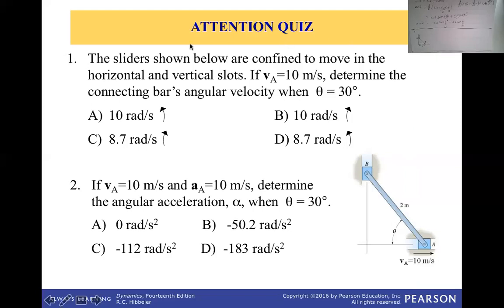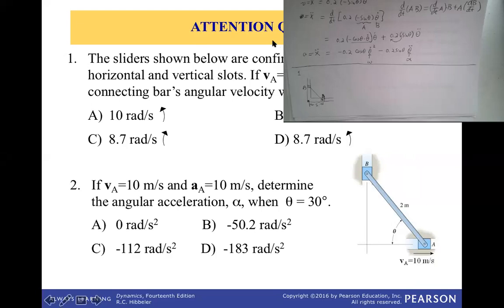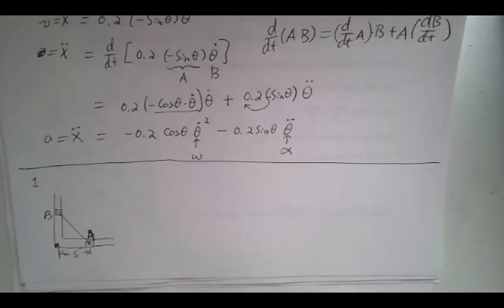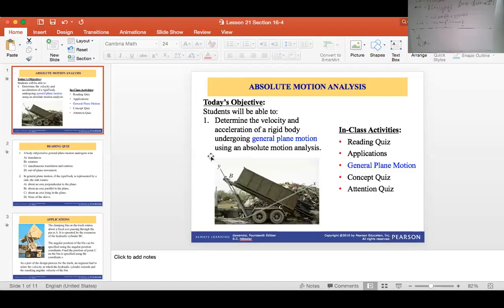All right. So we are given that the velocity of A is known. Somehow my screen is not sharing. Let me do that again. Okay.